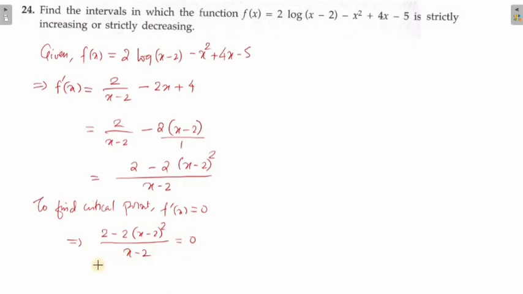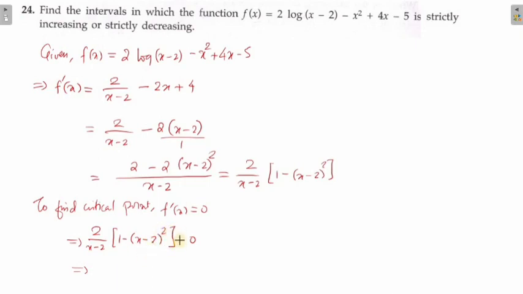If you take 2 also common, that will be better. So take 2 common: 2 by (x - 2) into (1 - (x - 2)²) is equal to 0.